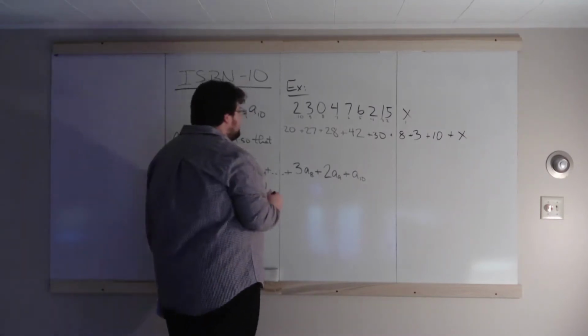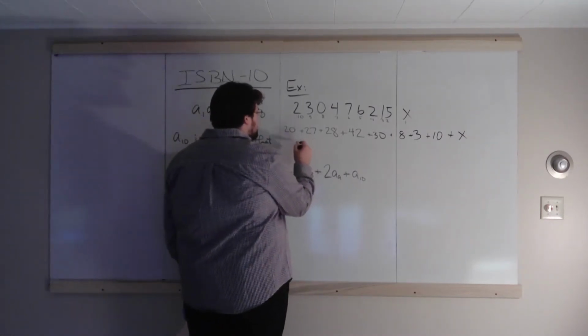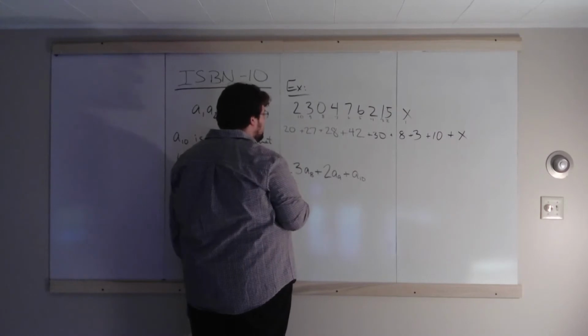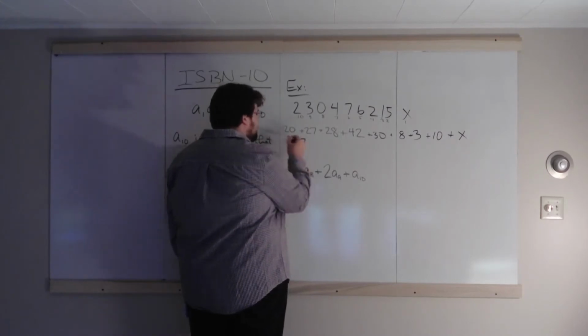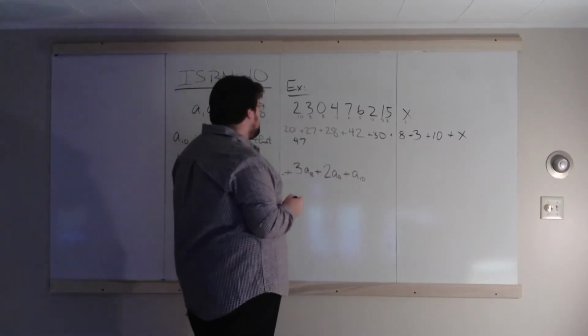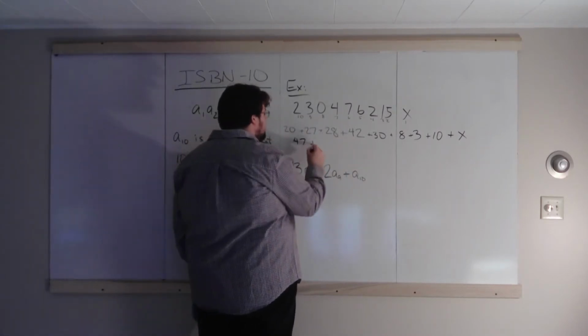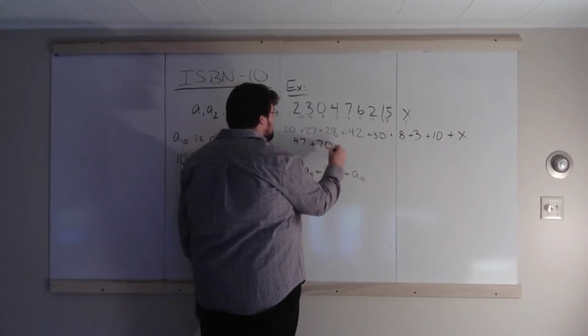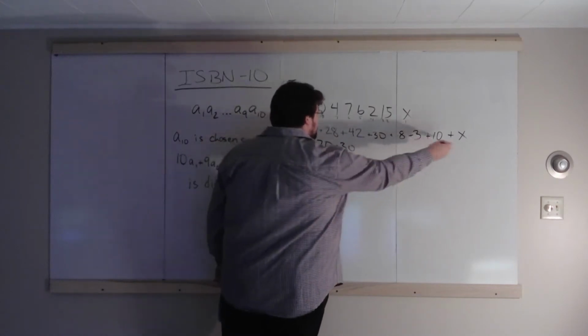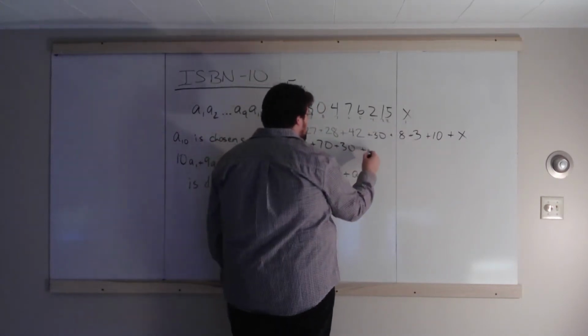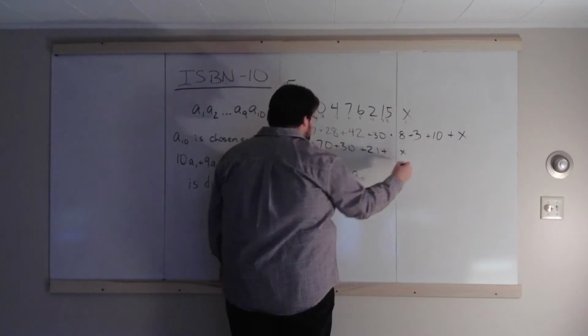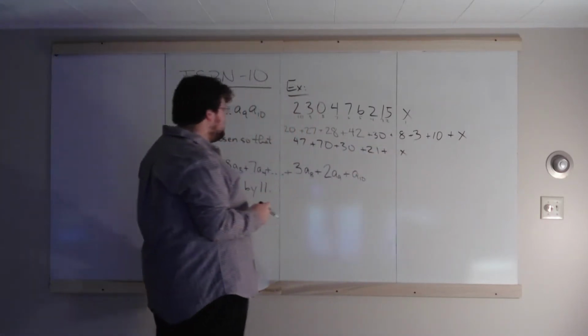Well, let's add all these together. Those first two together makes 47. These next two together make 70. So I'm just going to add them like that. Plus 30 plus 8, 3, 10 is 21. Plus X, we want that to be divisible by 11.